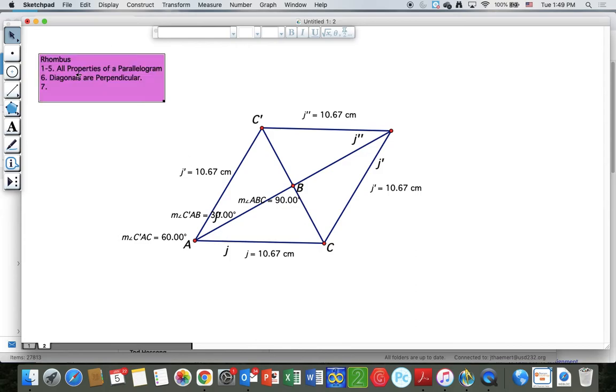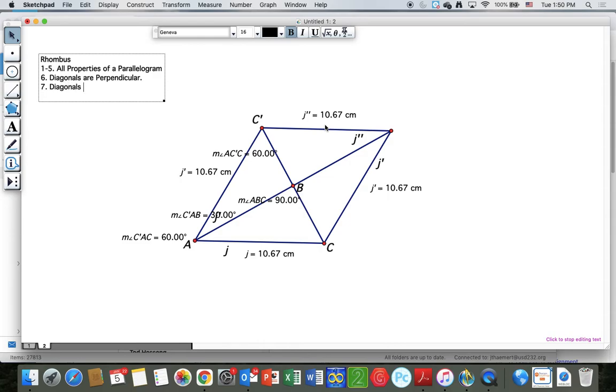So what do the diagonals do to each angle? Well, let's speculate here. If this is 60, guys, this is 120, right? Because we learned that with parallelograms. However, if this is 120, if we draw the diagonal, look at that. The diagonal bisects that angle. So that is the other property.